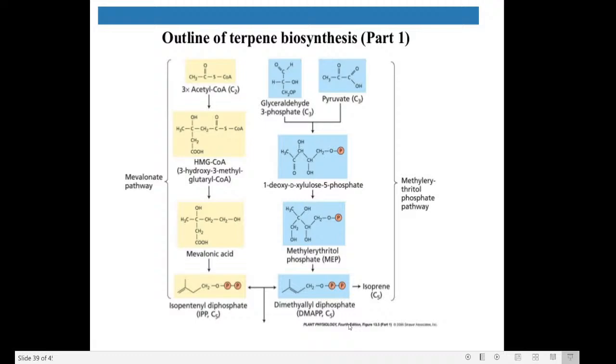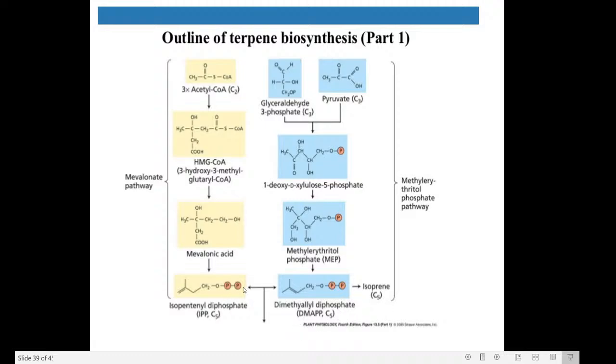It is also produced from the pyruvate pathway. Pyruvate and glyceraldehyde 3-phosphate form the deoxyxylulose 5-phosphate, methyl erythritol phosphate, and it produces the dimethylallyl diphosphate.